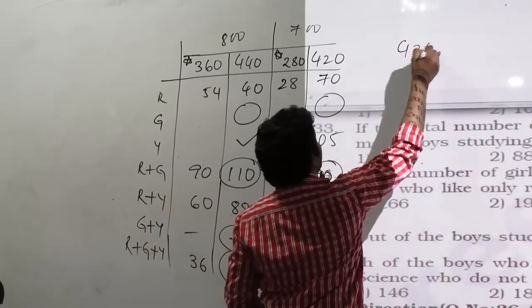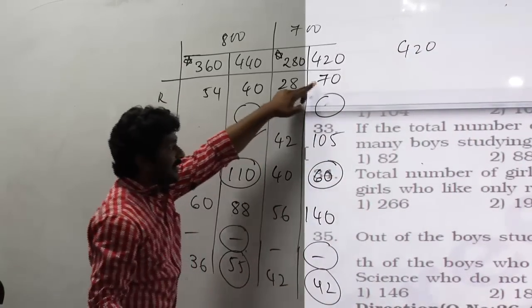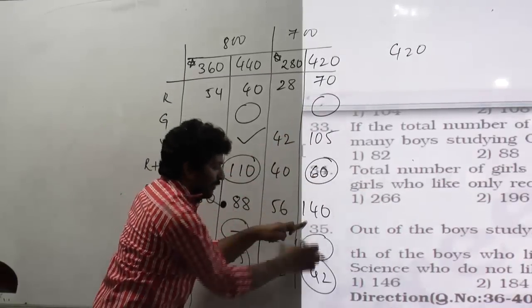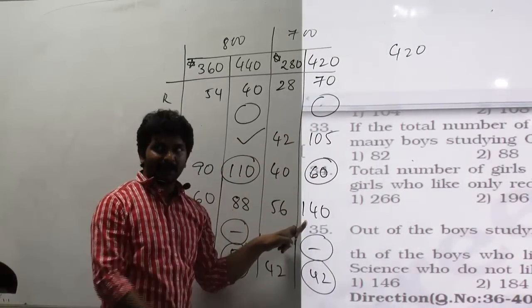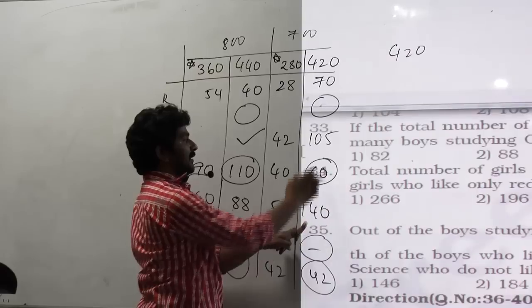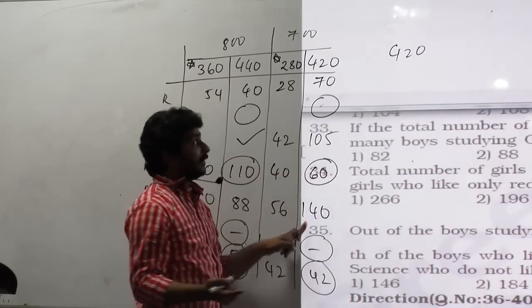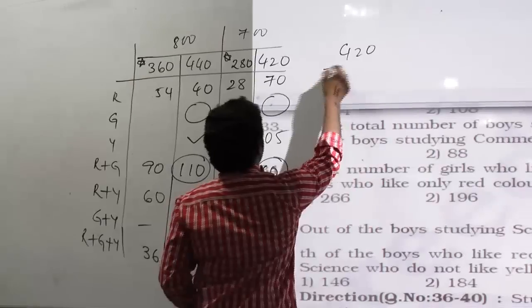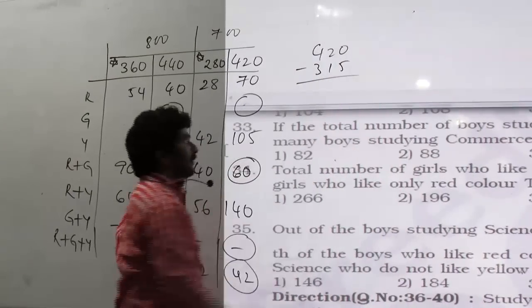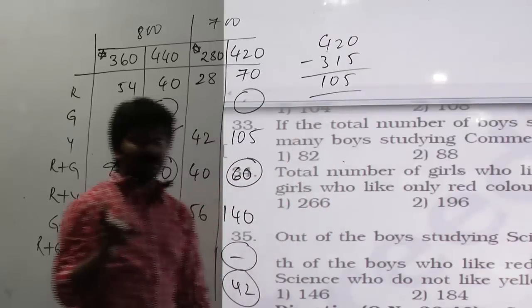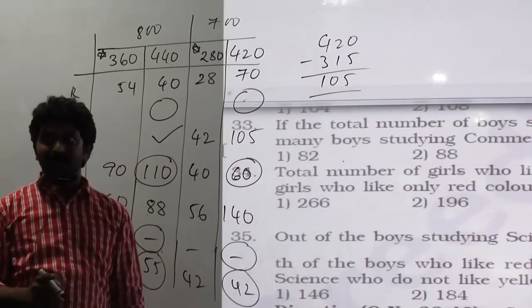Out of 420, if you subtract 70, 105, 140, you will be left with these four numbers only, right? And that is what we actually need. 140, 105, 245, 245 plus 70 is 315. Take the difference of 420 and 315. That gives you 105. This is about girls who study commerce.